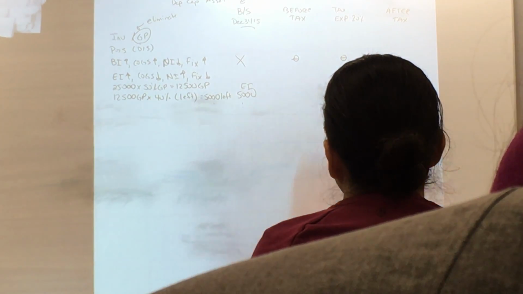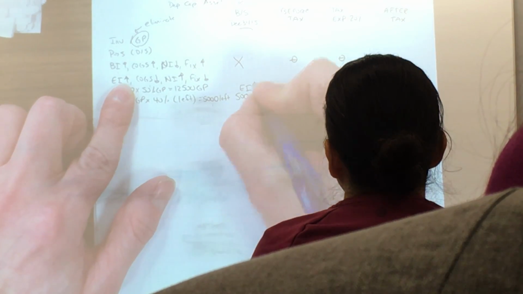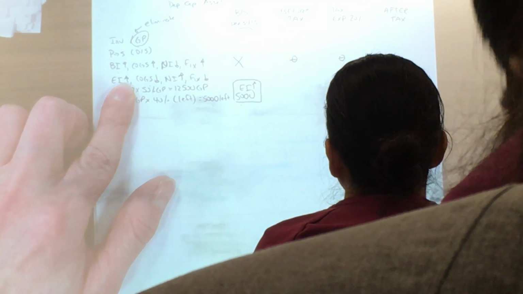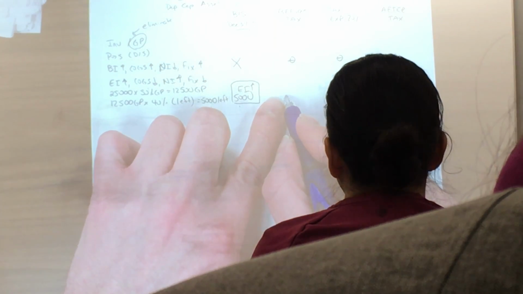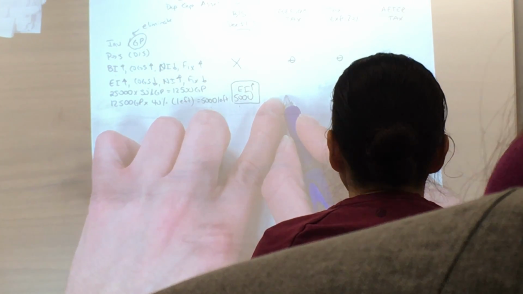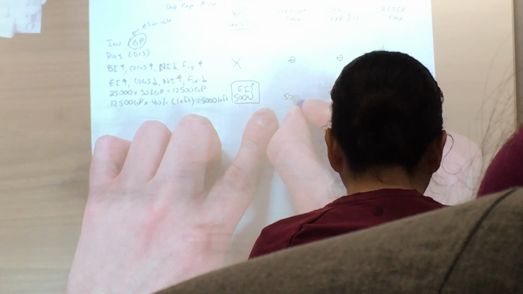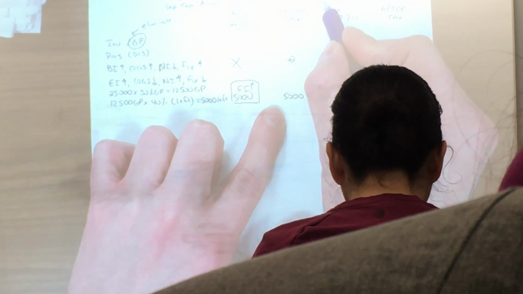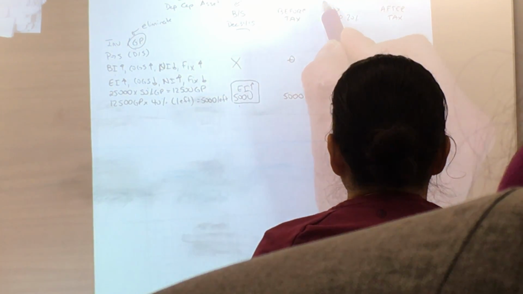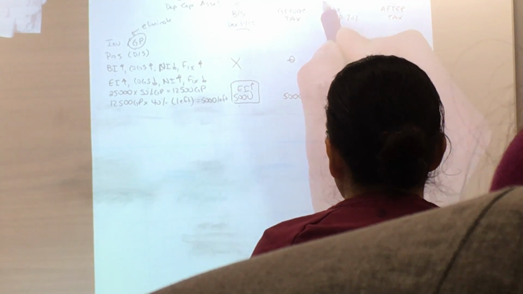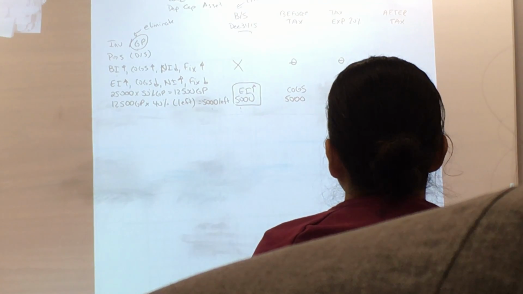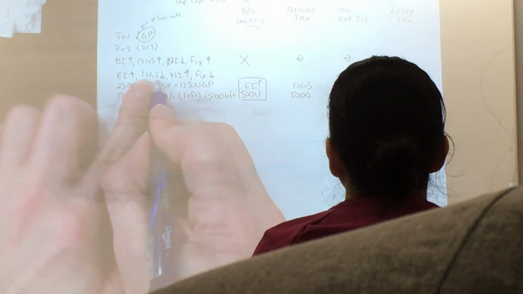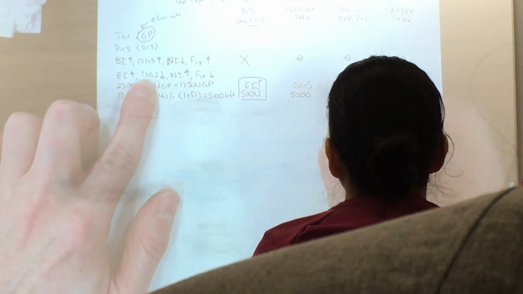And this is like your error. Ending inventory is considered too high. The next column, we still put that 5,000, but now this is your income statement account. That is your cost of goods sold. Okay, that's your cost of goods sold. And cost of goods sold is considered too low.